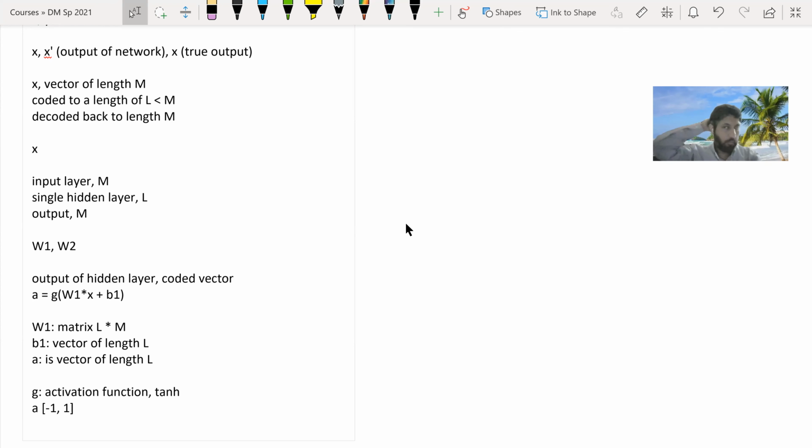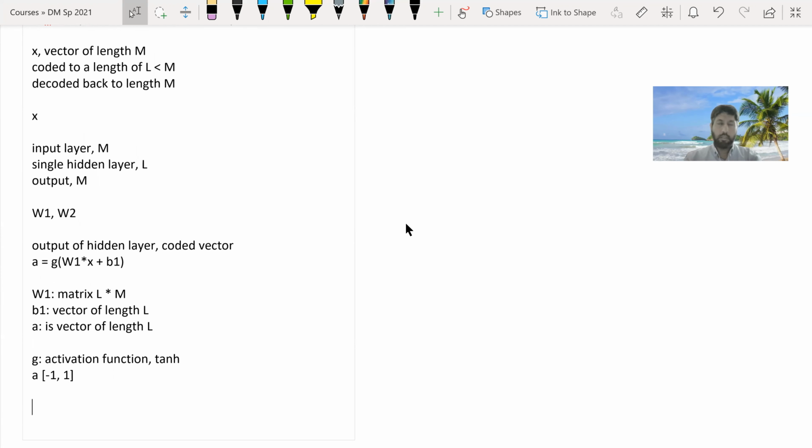So this is the coded version, but we need to decode it as well. So now the next step is our output X prime, which is the same kind of function, let's say function g.